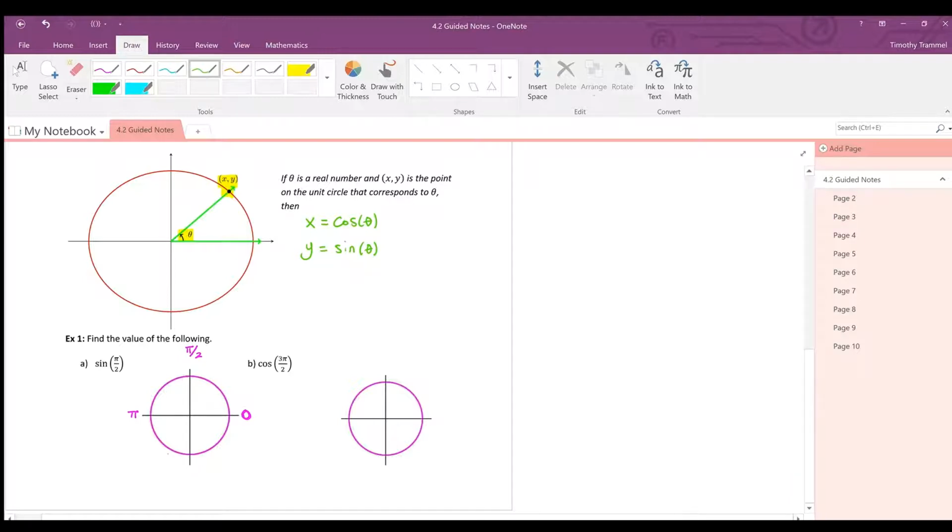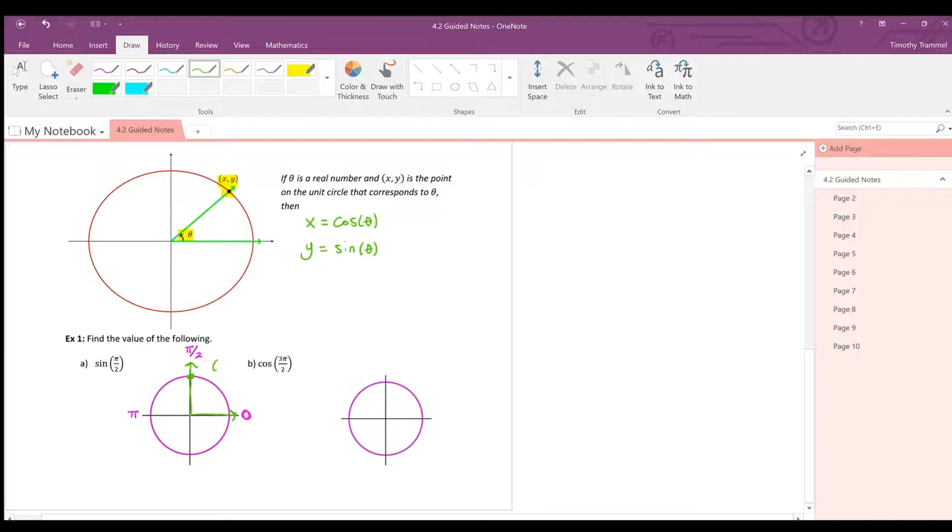I'm going to go ahead and sketch in my terminal and initial sides. In fact, I'm going to sketch in the initial side first here along the positive x-axis, and then here is our terminal side. What we really want with this terminal side again is just to know where it intersects the unit circle.